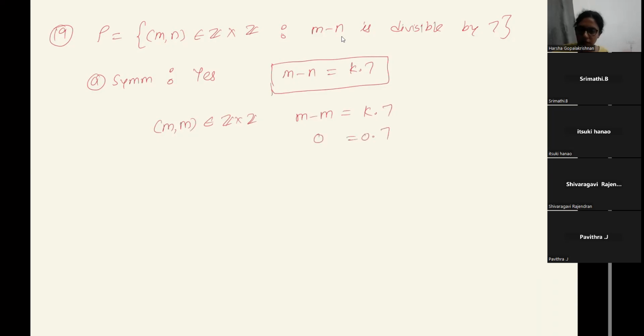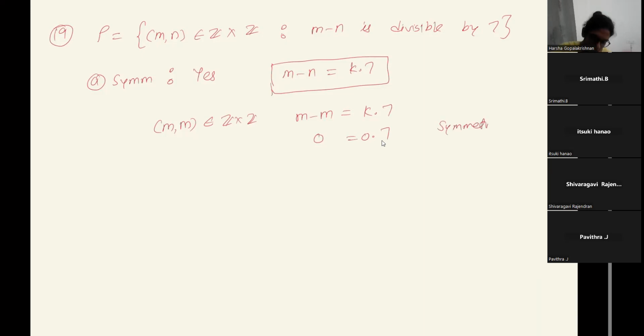So 0 into 7 will be 0, right? So I am taking k equal to 0. So 0 into 7 equals 0. Clear? Yes, ma'am. So the condition is satisfied, right?